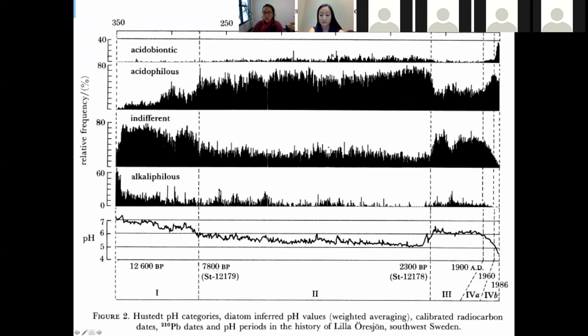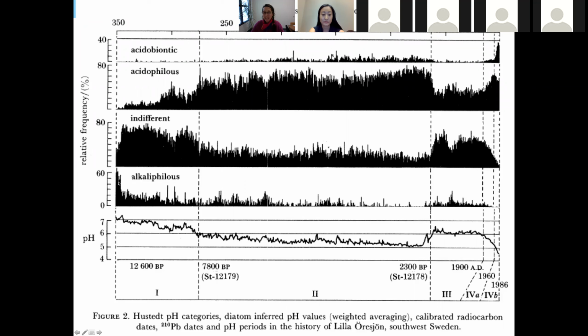And what this record shows is the relative frequency of diatoms and their preferences. I'll start at this big one in the middle, indifferent. The diatoms plotted here, their frequency, they didn't care too much about the pH.